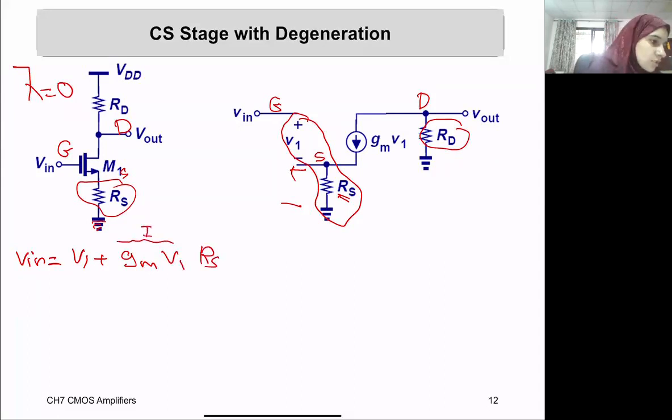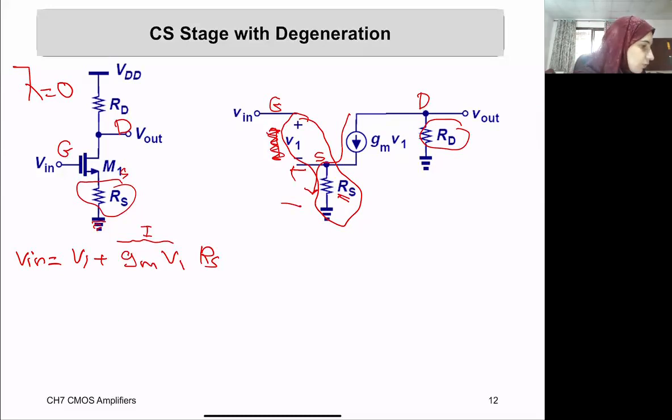Why? Because this is an open circuit here, so all this current has to continue flowing down. Therefore, all this current, Gm V1, is going into RS. So Vn equals V1 plus this voltage drop across RS.